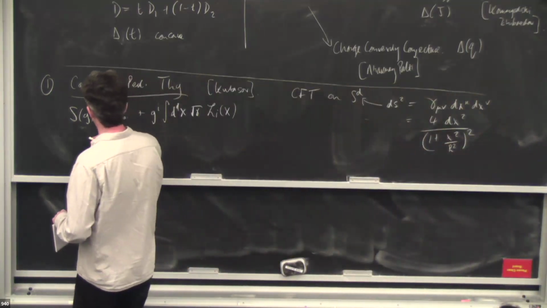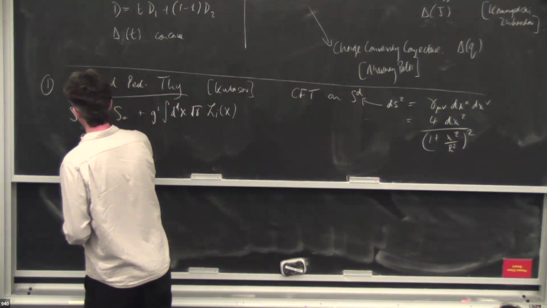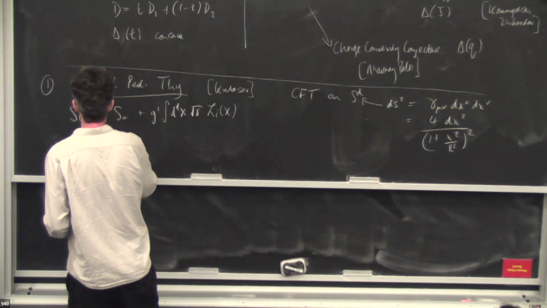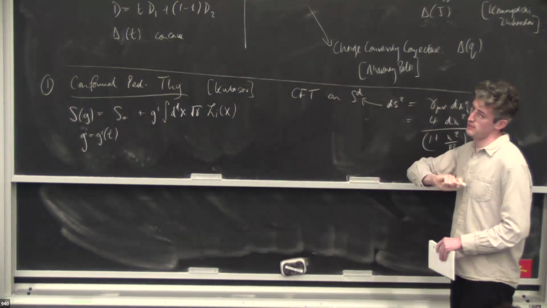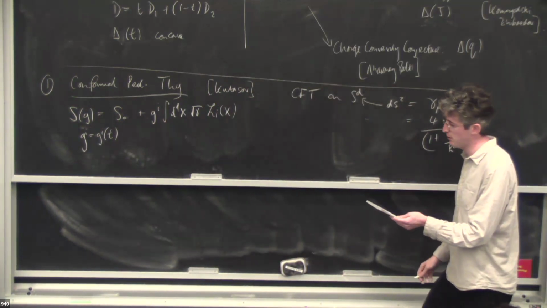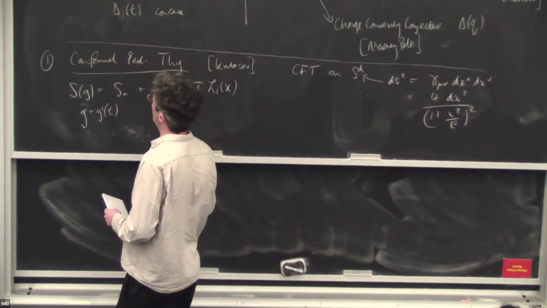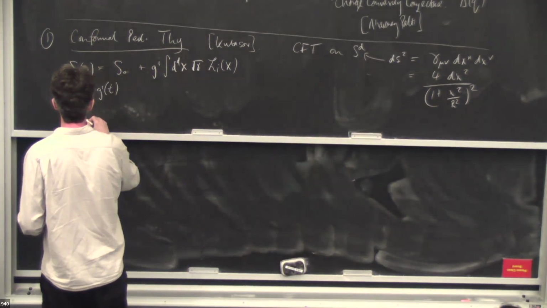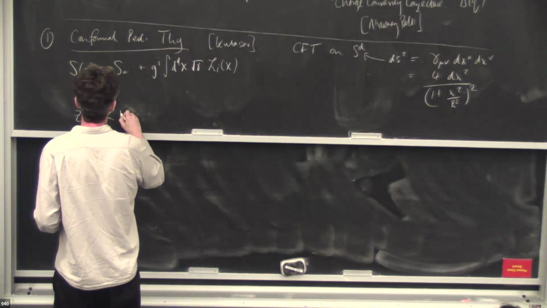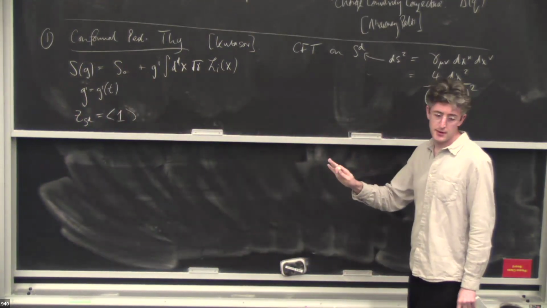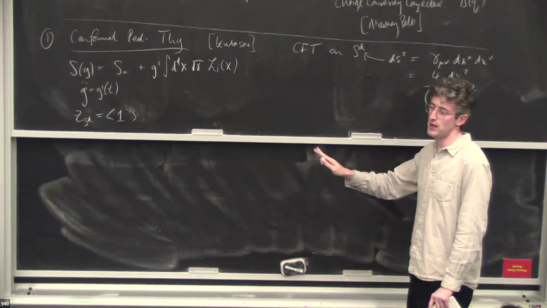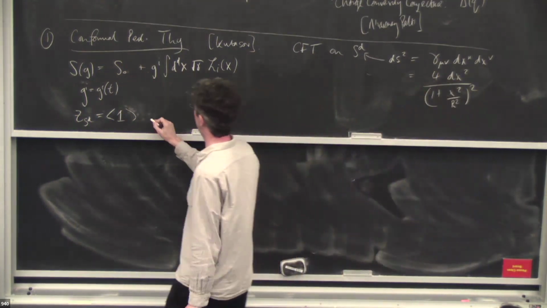So I'm going to be thinking about going along a path, right? In practice, we'll think of g^i as some path in the space of g^i parameterized by t. An important object in the game here is the sphere partition function, the expectation value of the operator 1. And I'm going to define correlators as non-normalized. I'm not normalizing my correlators, which is slightly unconventional.